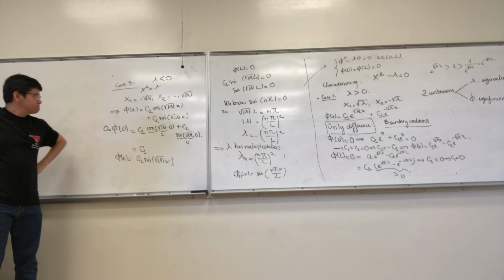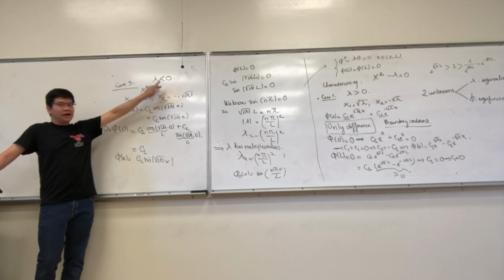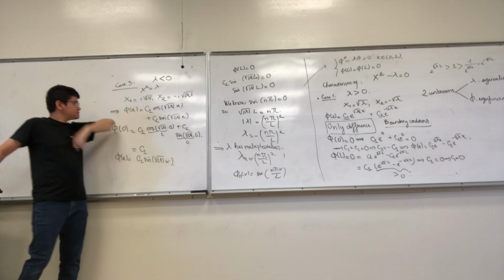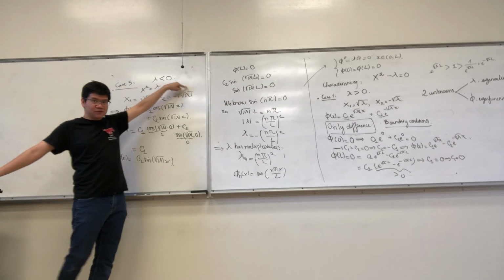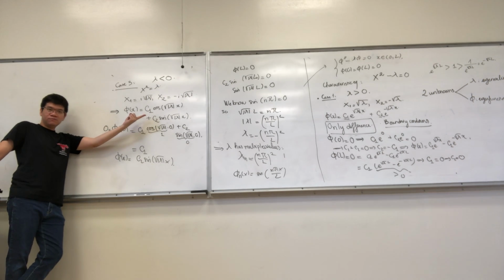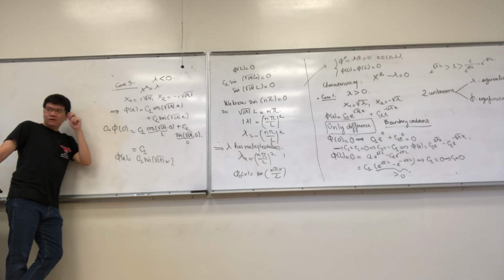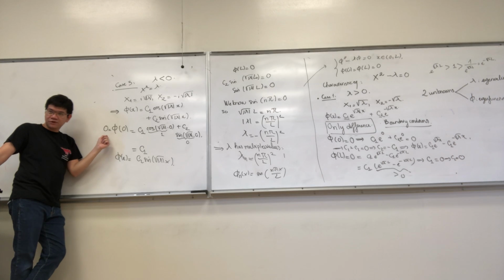I'll explain again. When lambda is negative, r squared is lambda, so you have two roots, i square root of lambda and minus i square root of lambda. So phi(x) will be c1 cosine square root of lambda x plus c2 sine square root of lambda x. Now I'm going to use the boundary condition.